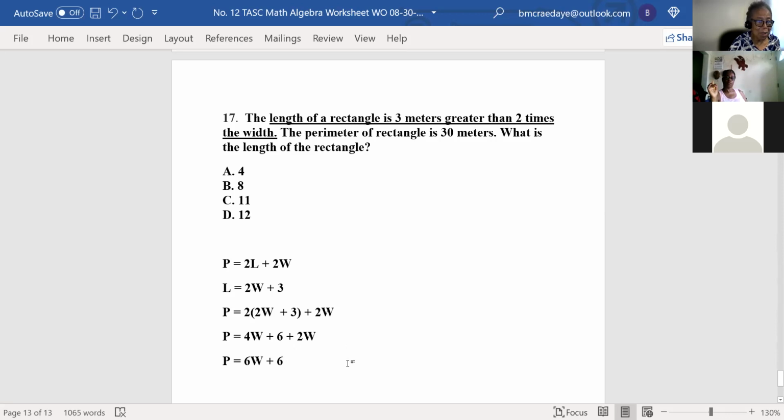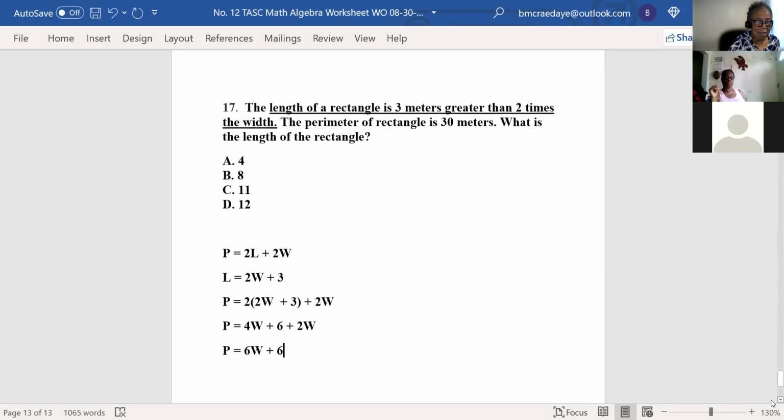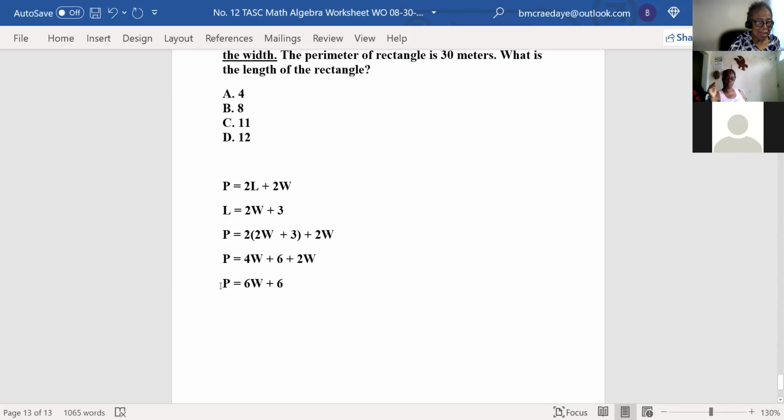Now, what was the perimeter? They gave us the perimeter. So what's the perimeter? 30 meters. So let's put our 30 here, substituting for the perimeter. Now, what do I do next, Vanessa?